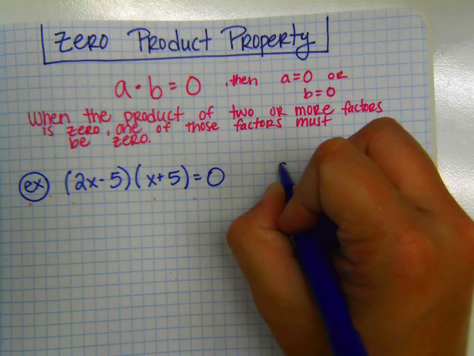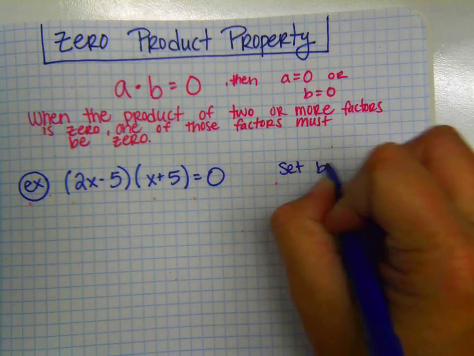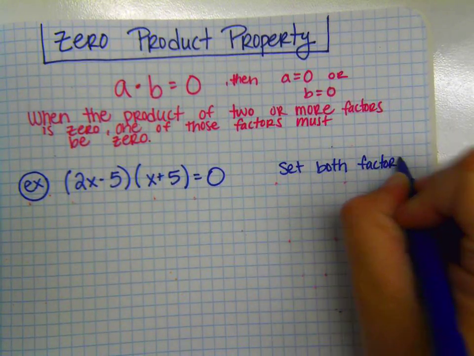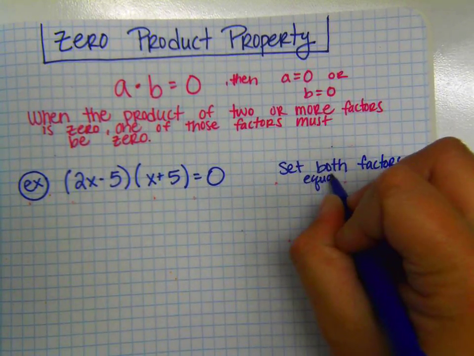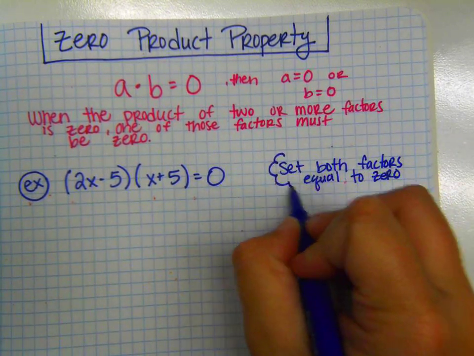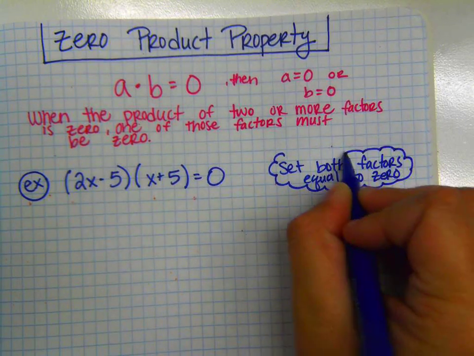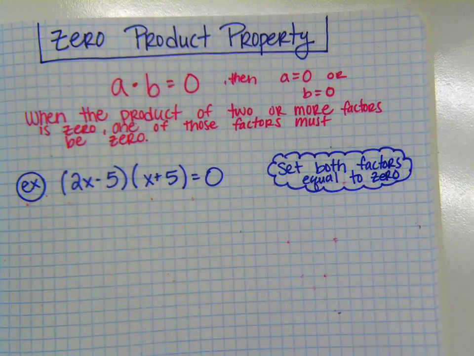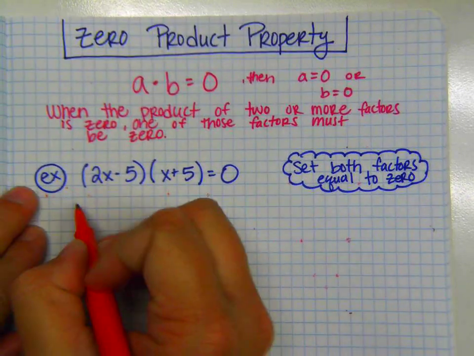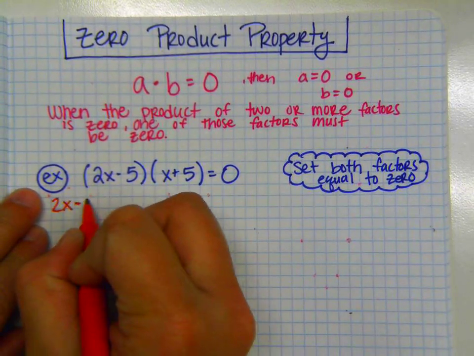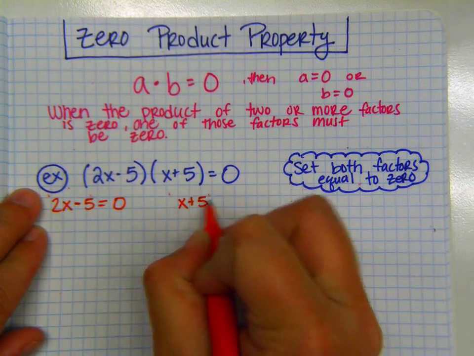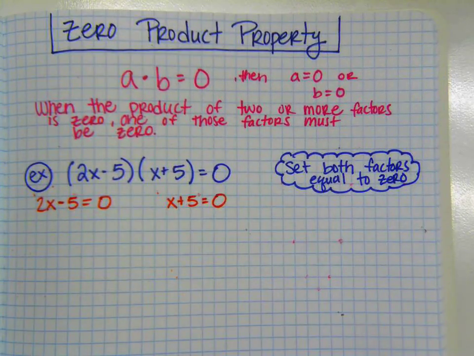So what you do is you set both factors equal to 0. Okay, so that's what you're going to do. You're going to set 2x minus 5 equals 0, and then you're going to set x plus 5 equals 0. And then you're going to solve both of them.